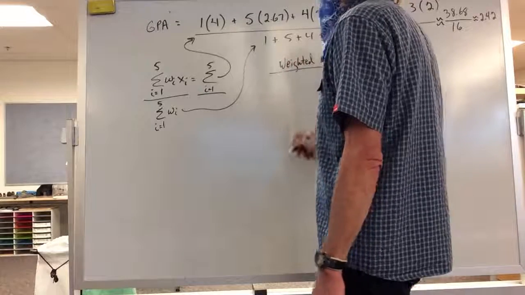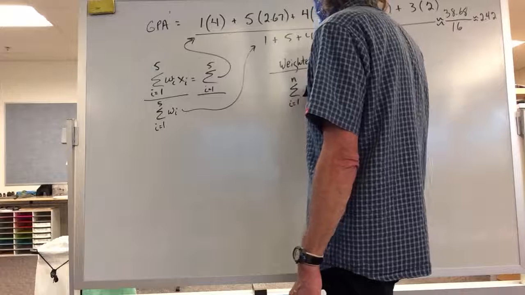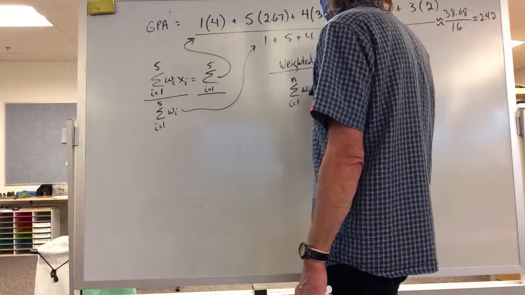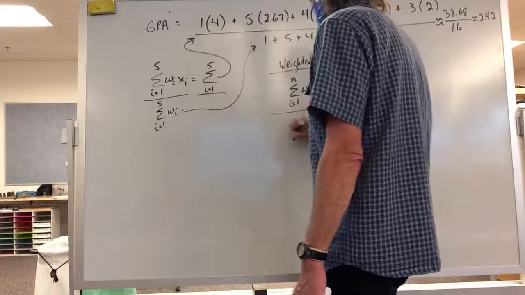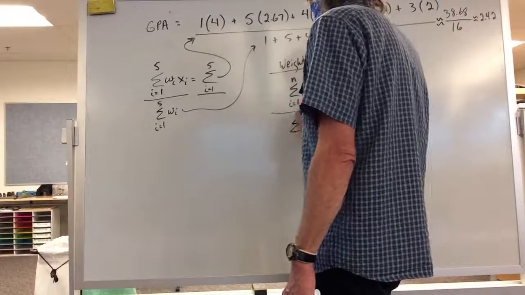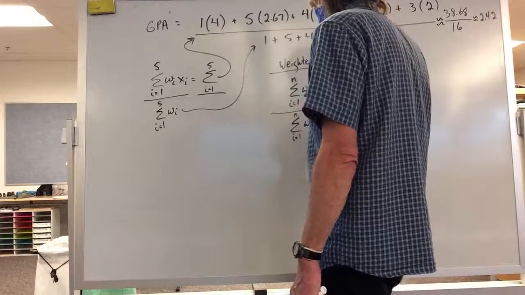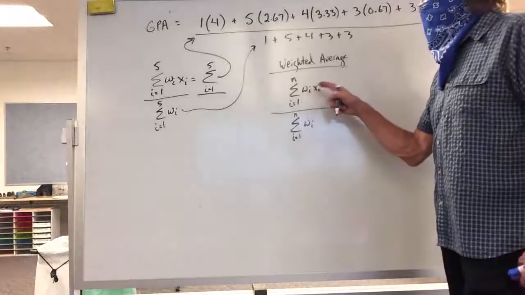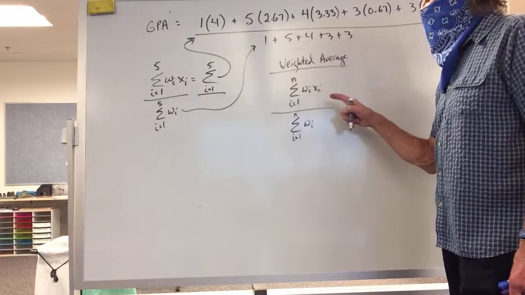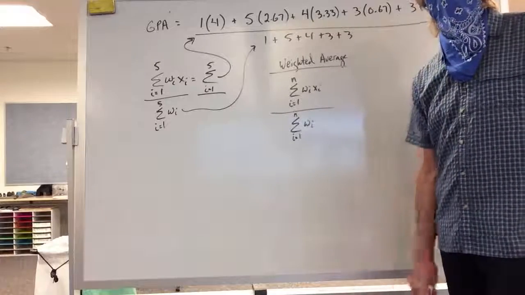So a weighted average looks like this. So it's the sum of the weights times the grades divided by the sum of the weights.